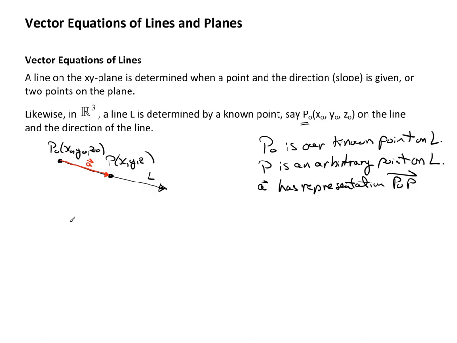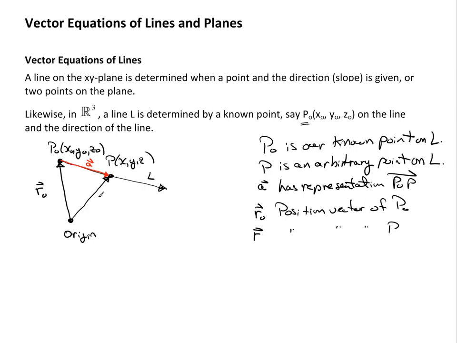Now if my origin is, say, down here, then I can set up vector R0, which is going to be the position vector of point P0, and vector R, which is going to be the position vector of point P. So here's vector R0. Here's vector R.